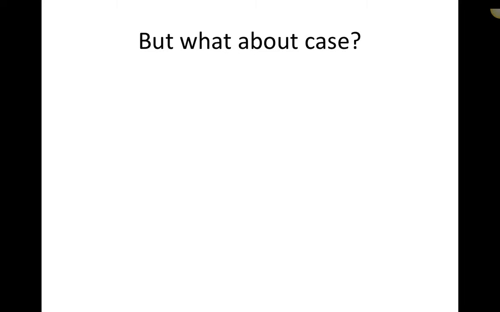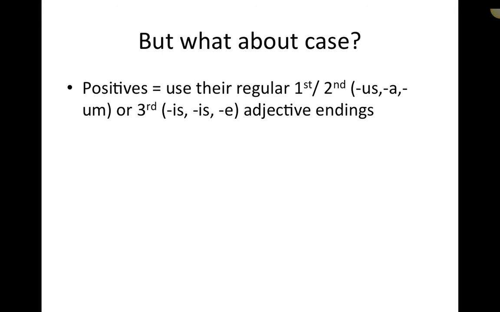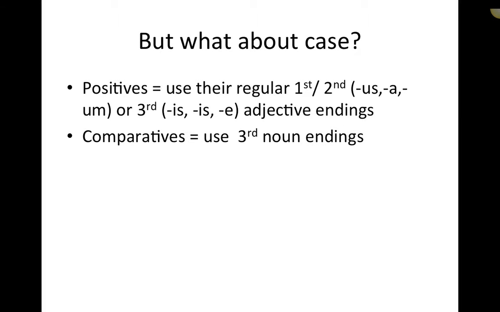All right, so the next step is then case. Positives are going to use first and second declension endings if they're a first and second declension adjective. Third declension uses third declension adjective endings. So that's nothing new. Now, comparatives will always use third declension noun endings.